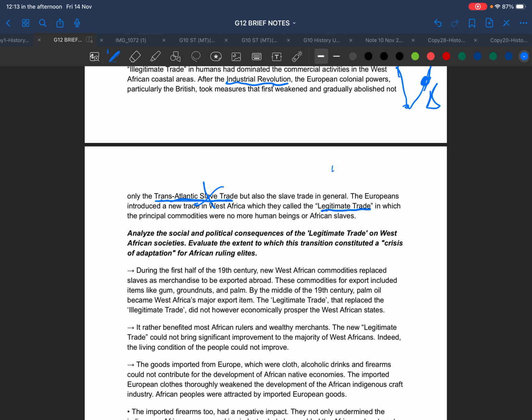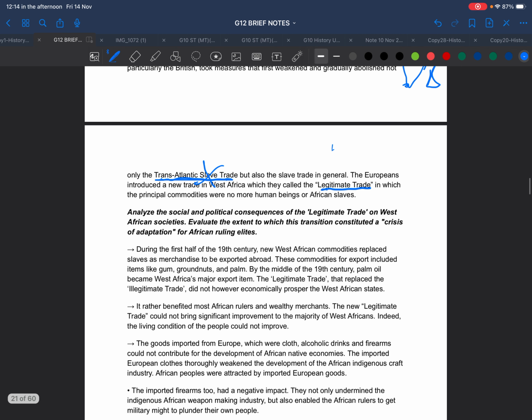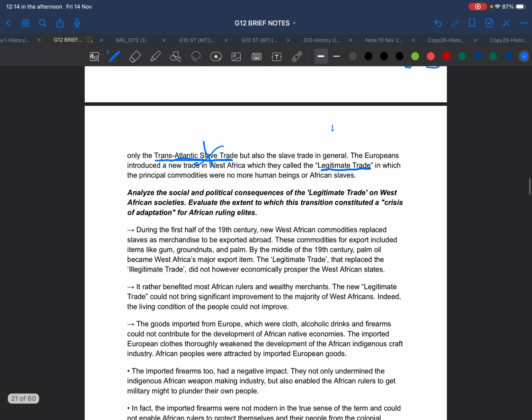But following the abolition of the slave trade, and with the beginning of imperialism in Africa, this legitimate trade was much more in favor of the European white colonizers, in which the principal commodities were no more human beings or African slaves. Actually, in the legitimate trade, there was no human being or African slave to be considered as a commodity because it was banned by the British government.